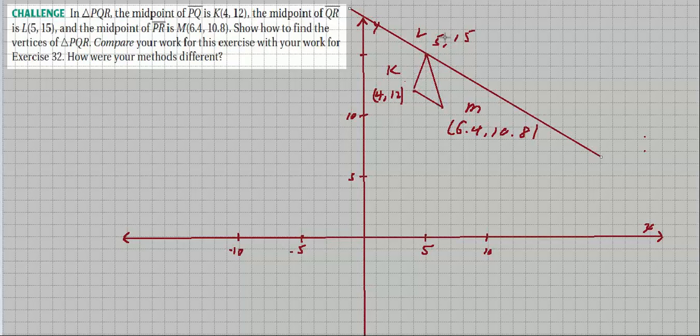Let's see what happens. So if we draw these in, we already had this line. Now, we draw a line parallel to this, passing through this point, and then another one parallel to this side, passing through this point.